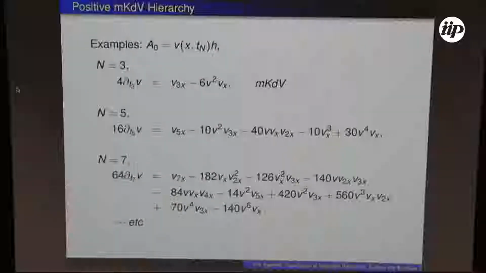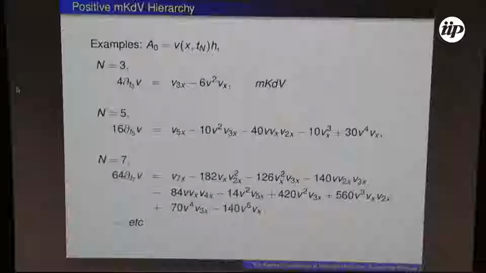So if you take A0, as I said, the only generator with grade 0 is H, and then you take a field in front of it, and if you do the calculation for n equals 3, you get this equation, which is known as the mKdV equation. If you do the same for n equals 5, it's a little bit more involved, more complicated, and you get this other equation.